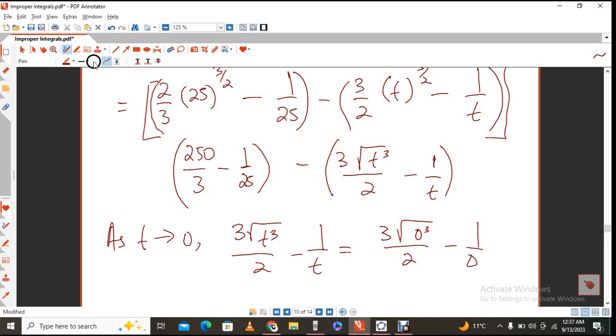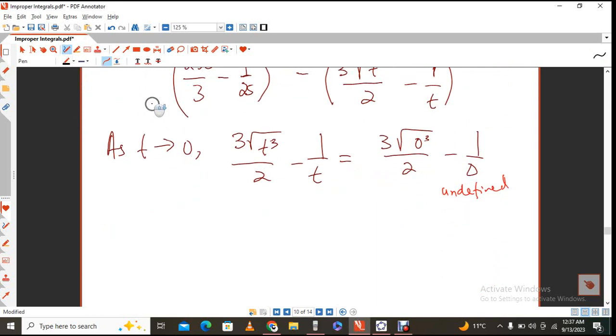You get 0 here, and if that is the condition, this little part becomes undefined because you may not divide by 0. So this whole thing is going to be undefined. Therefore, the integral does not exist.